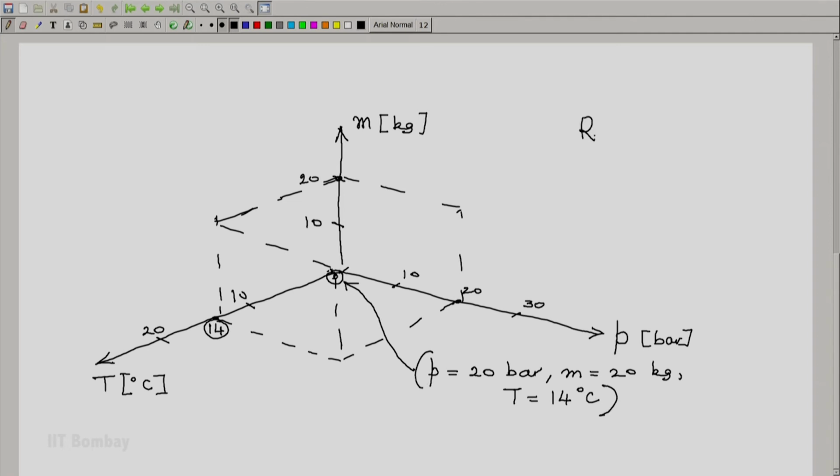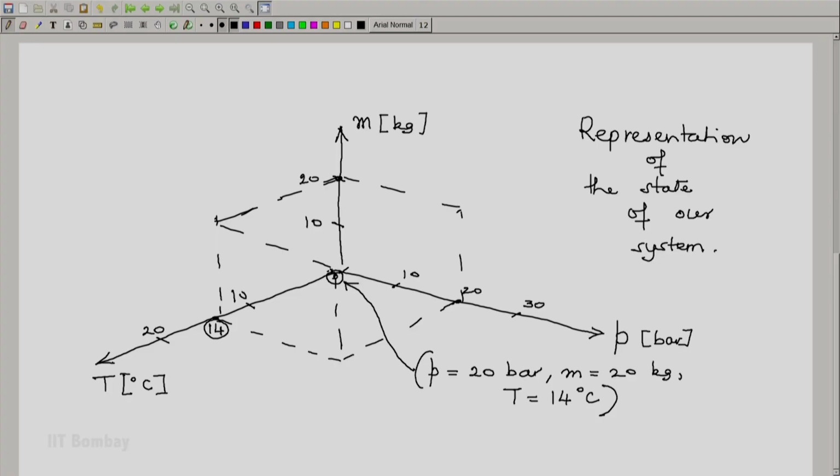This will be a representation of the state of our system. Now remember that in this particular case, because there are three properties, it is three-dimensional geometry. The pressure is represented on one axis, the mass is represented on another axis, and temperature is represented on the third axis.